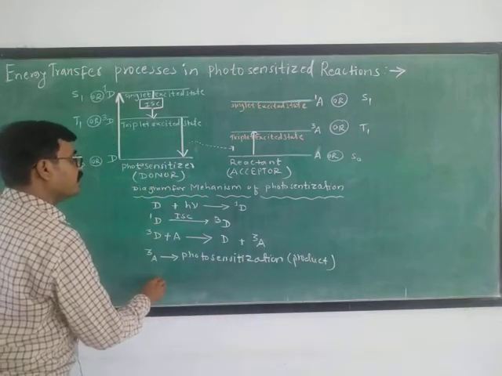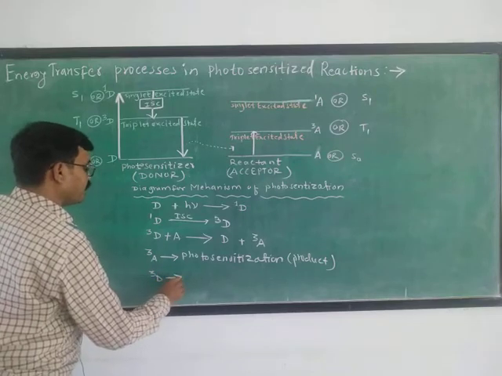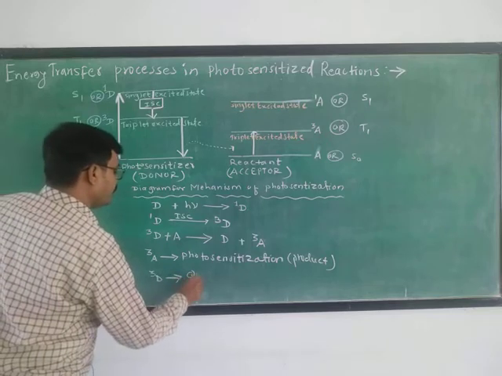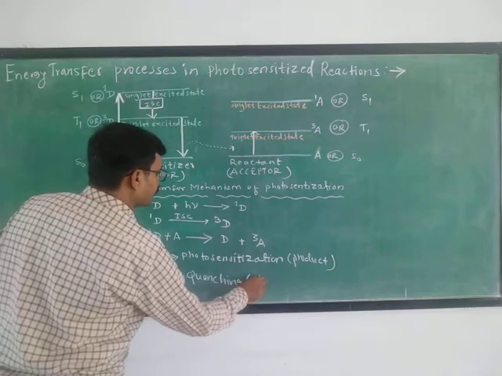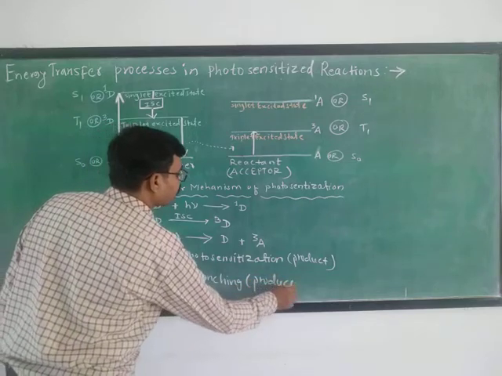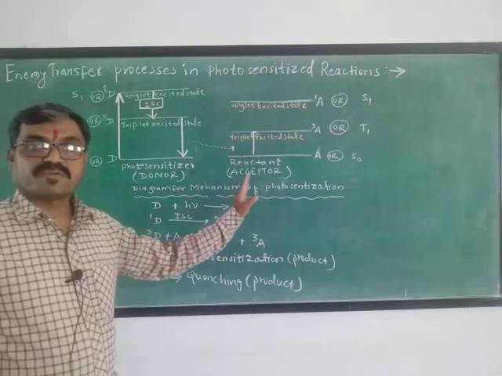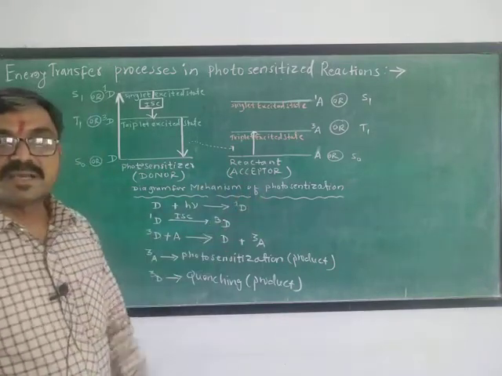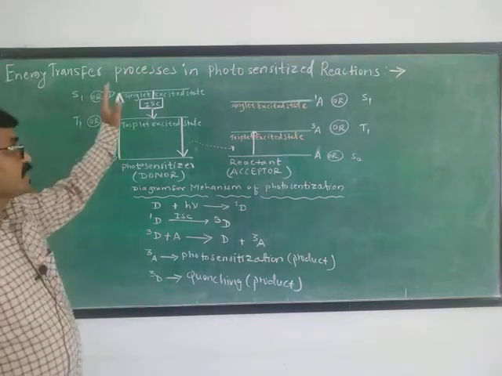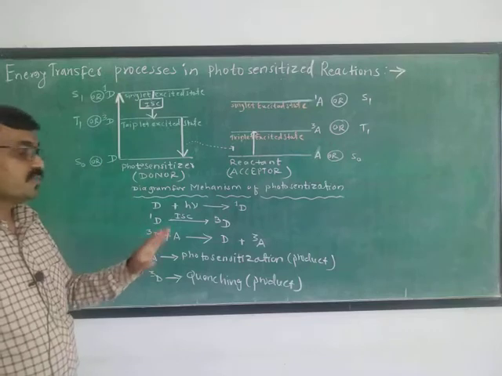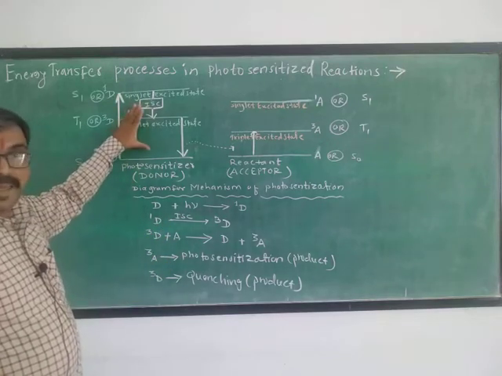If the product is obtained due to the triplet state of the donor, and here A is called a quencher, the reaction is called quenching. This is nothing but the energy transfer processes in a photosensitized reaction. These are the processes. This is nothing but the mechanism.